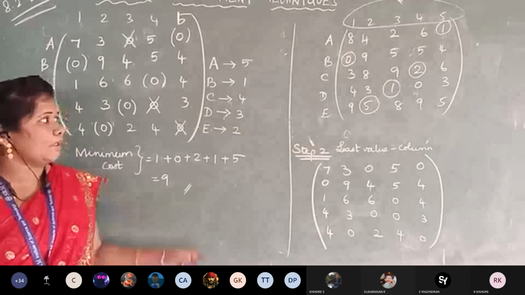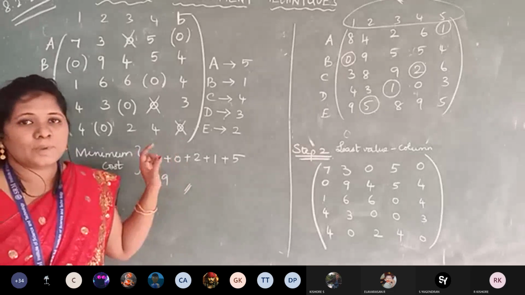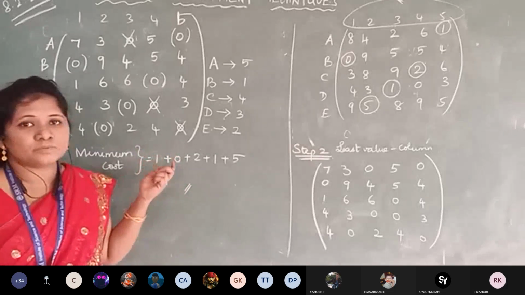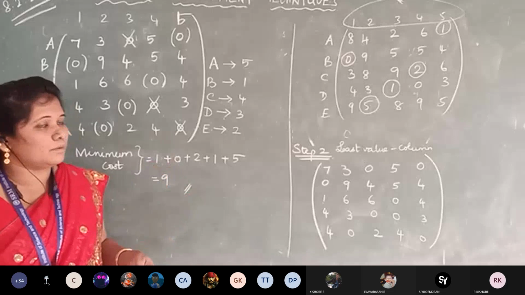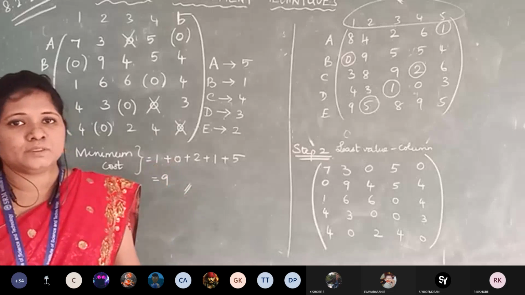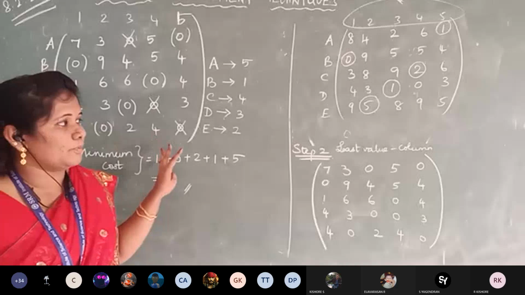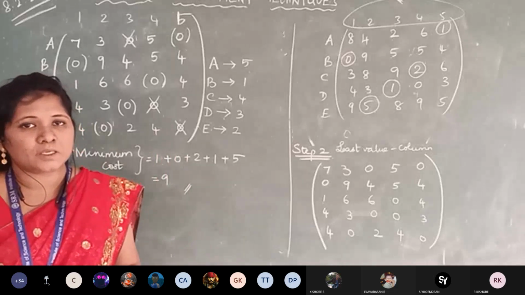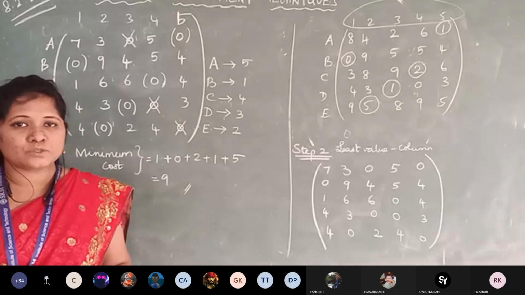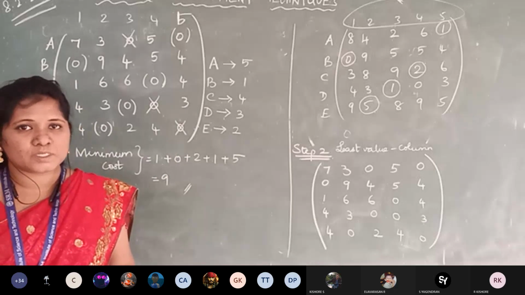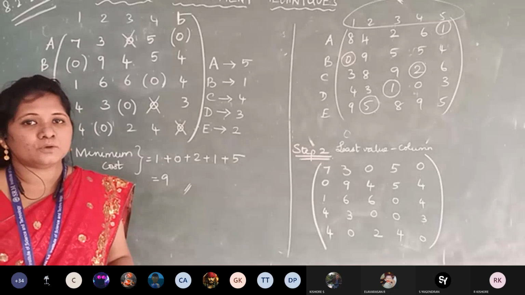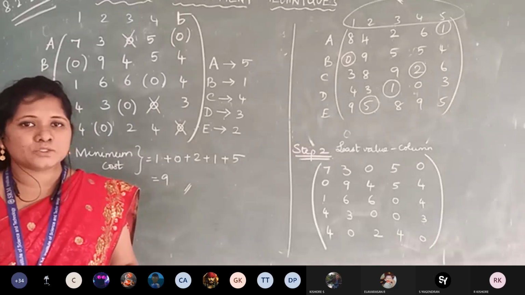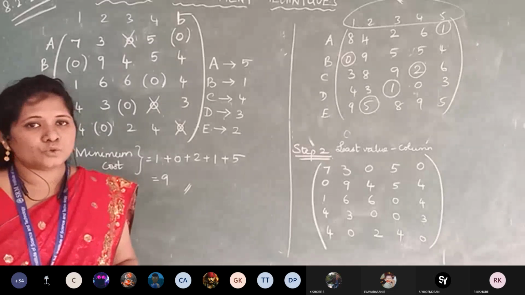Any doubt, you ask me. This will be a basic problem. After this, we have a few more allocations that will be a little different. But this is the basic problem. In your assignment problem, you have to see whether your rows and columns are equal. After seeing that rows and columns are equal, you go on to step 1, which is you take the row-wise least value, subtract it throughout, and write it row-wise.